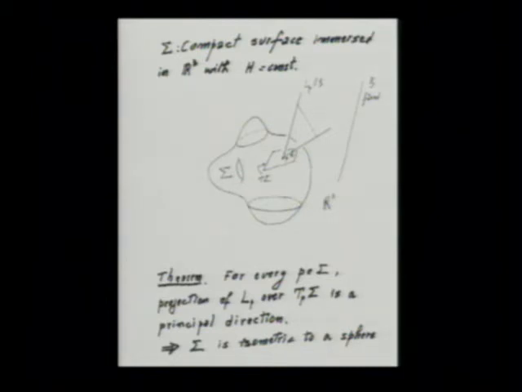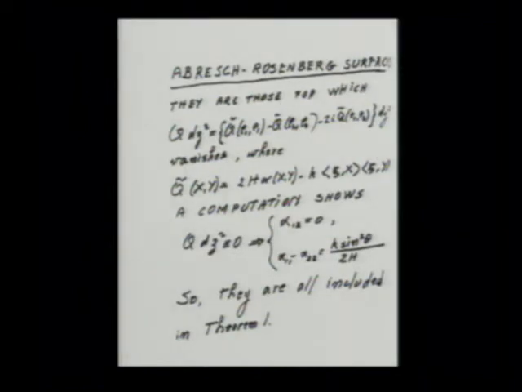The next, I want to make another application. I mentioned this Abresch-Rosenberg quadratic form, and we call Abresch-Rosenberg surfaces those for which this quadratic form vanishes, because they are the interesting thing. They form a very important class of surfaces in this product space.